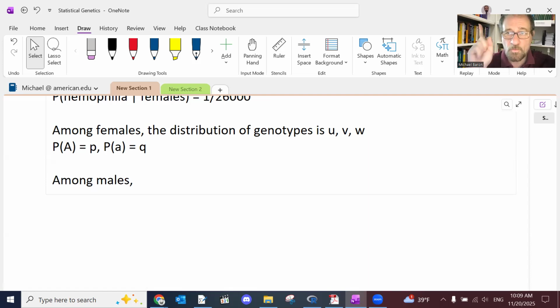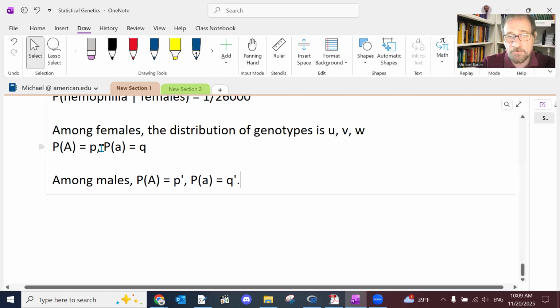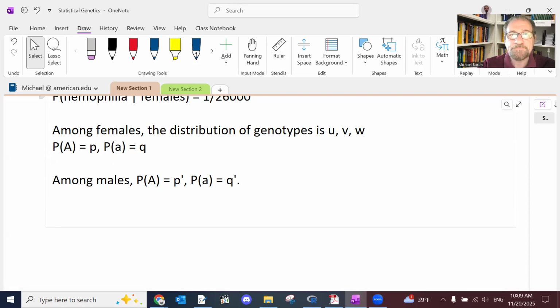Not a pair, one X gene. The other gene in the pair is the Y gene. So the probability of dominant X gene is some P prime. The probability of recessive X gene is Q prime, right? And this may be different from P and Q in the population of females.